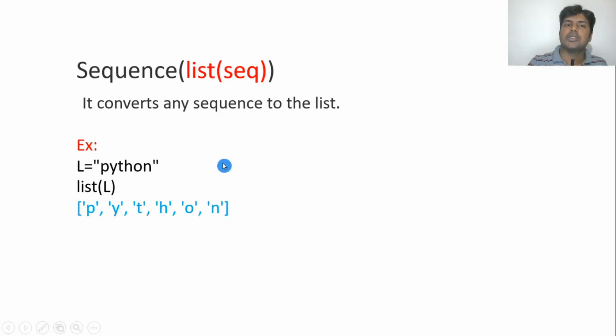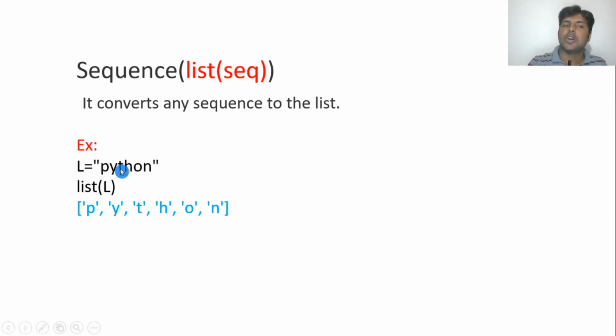There is another function, list, for sequences. For example, if I take L is equal to Python and type list, the single string Python will be converted into a list. It converts the sequence to a list. P will become the first element, Y the second, T the third, H the fourth, O the fifth, and N the sixth element.